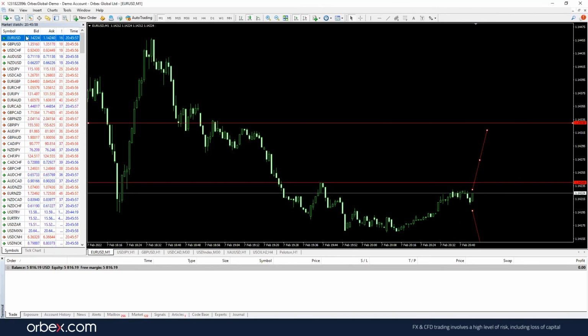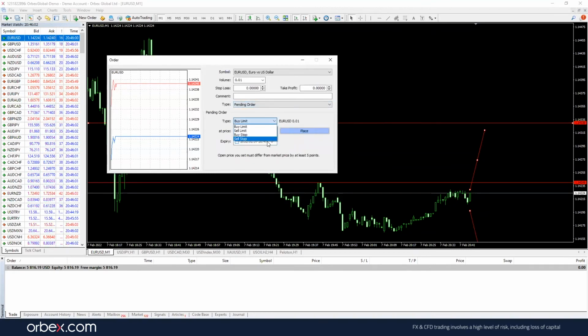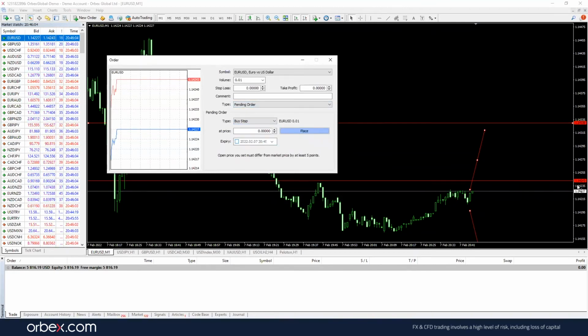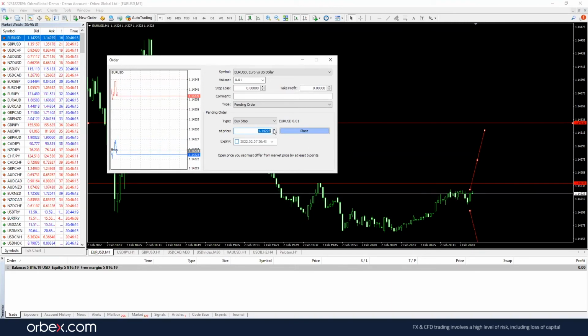So back to buy stop. The ask price is at 114.24, let's say. So that needs to be 5 points above 114.24.